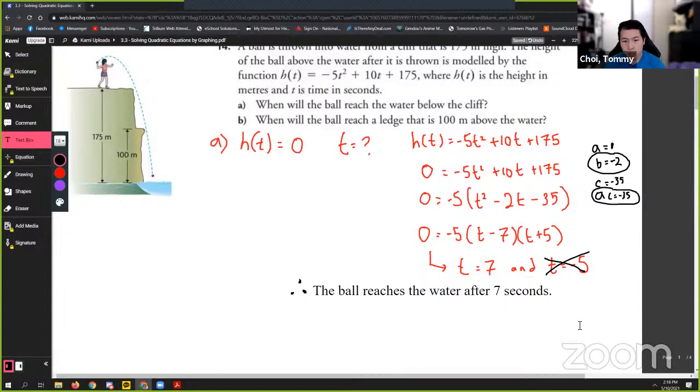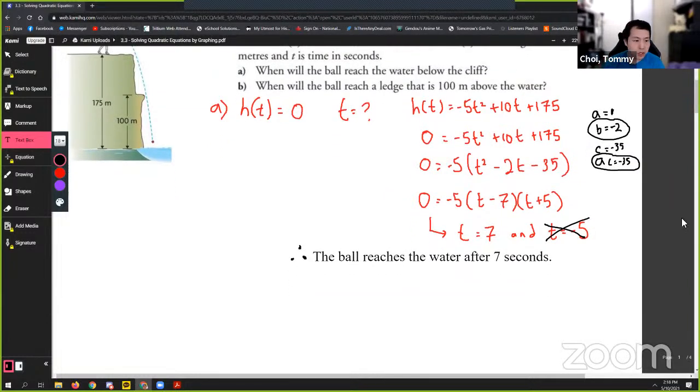Okay? So this is how you would solve for when h, the height, is equal to 0. Now let's try the second question. What if we're asked when does the ball reach the height of 100 meters above the water? So a little bit different, right? The situation's a little bit different.